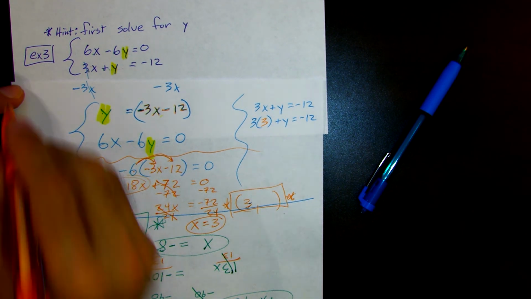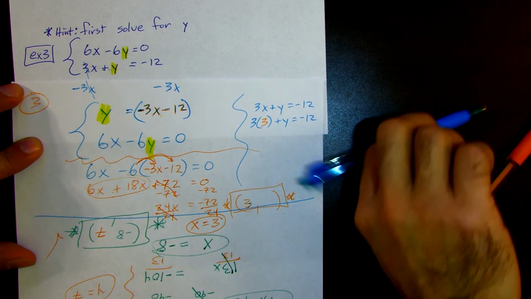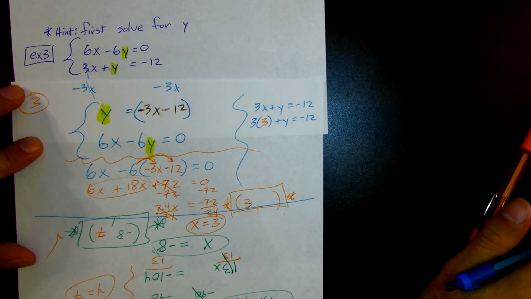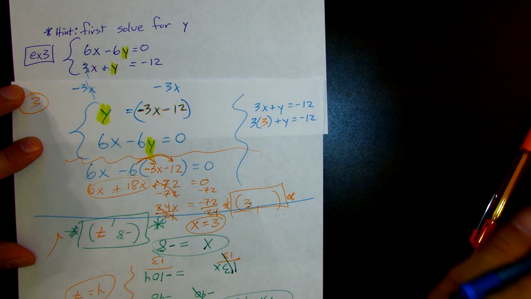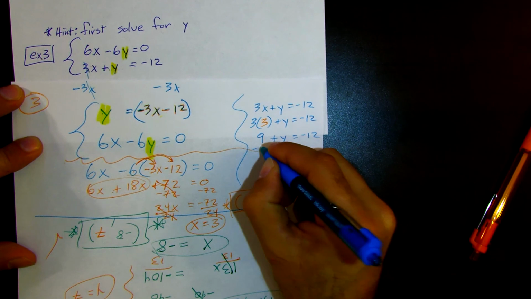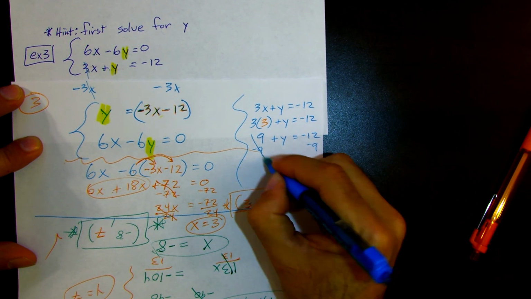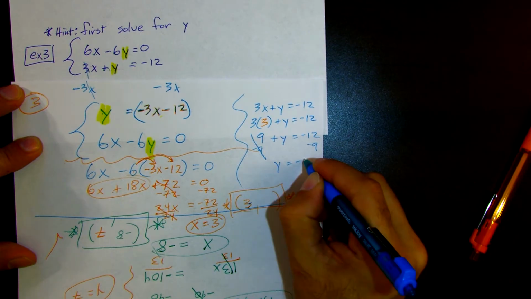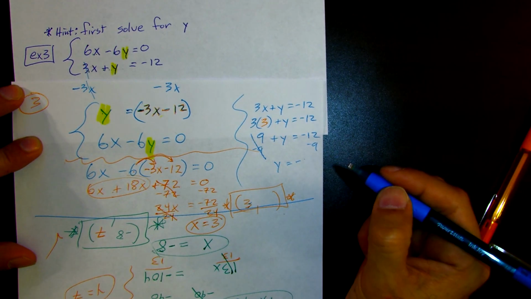Sorry, this got a little messy. I tried to save space. Didn't work. Nine plus y is equal to negative 12. Let's subtract 9. y is negative 21. Wait, what happened here?